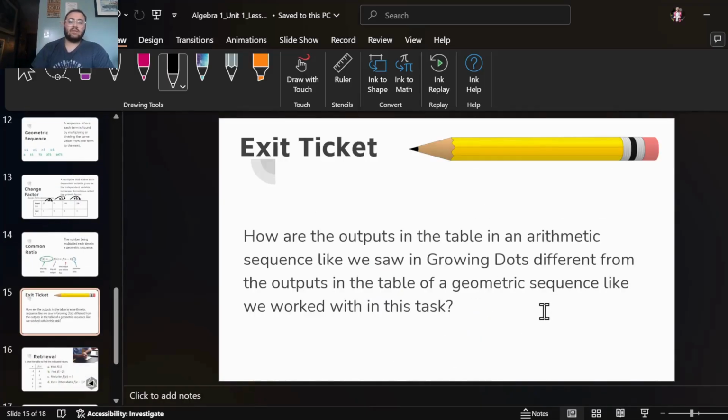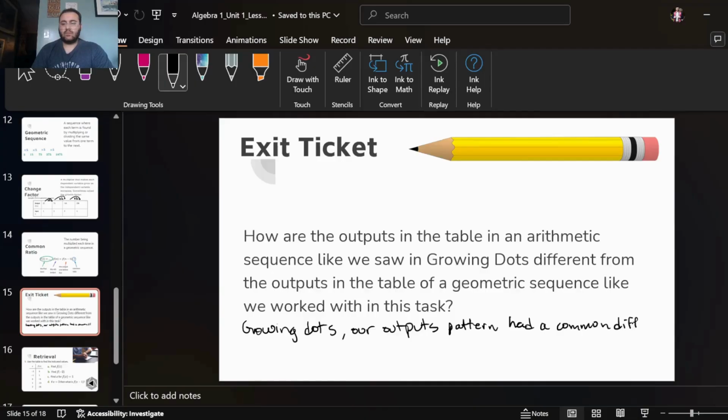So how are the outputs in the table in an arithmetic sequence like we saw in growing dots different from these? Well, in growing dots, our outputs pattern had a common difference. You have to add to get to the next term.